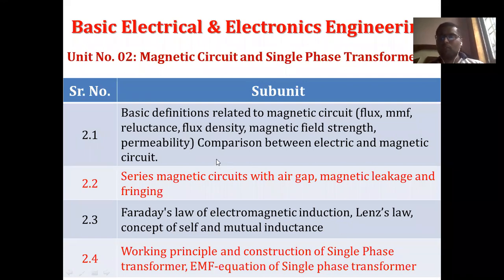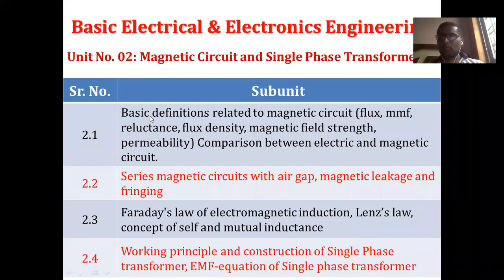Now the second unit has a total of 4 subunits. Write down 2.1, first subunit: basic definitions related to magnetic circuit. Which basic definitions?